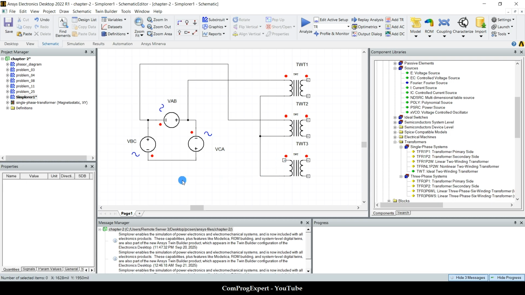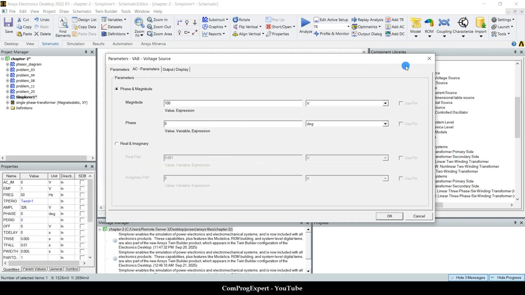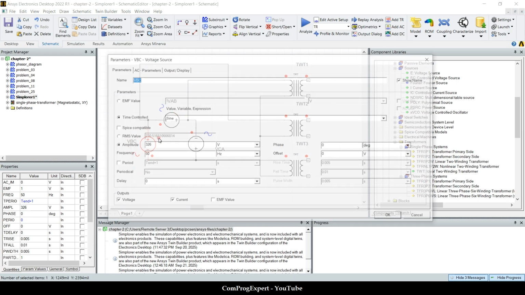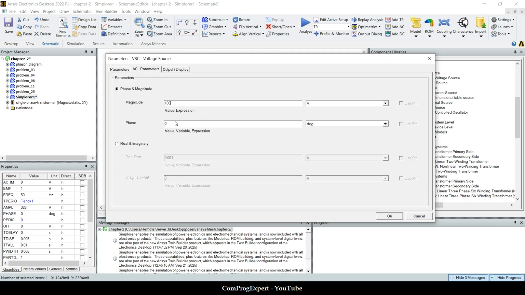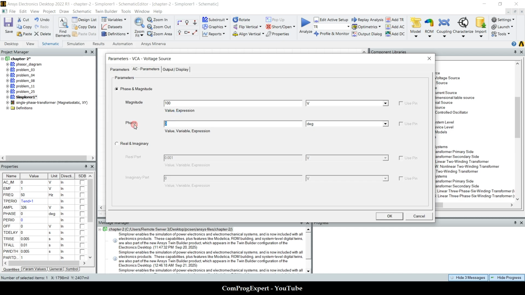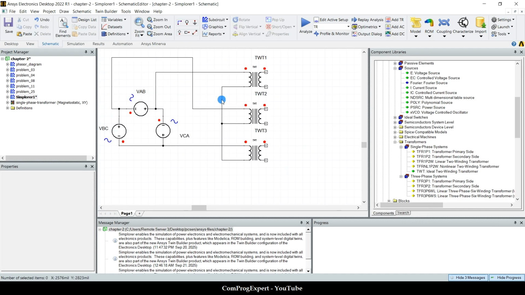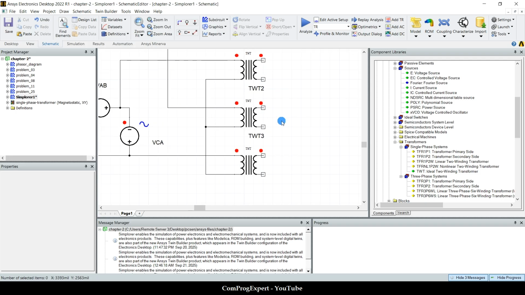Excuse me, here I should connect this point to C. Now let's set phases for the VAB. The phase is 0. For the BC, the phase is negative 120. For the CA, the phase is 120. And we have this connection.